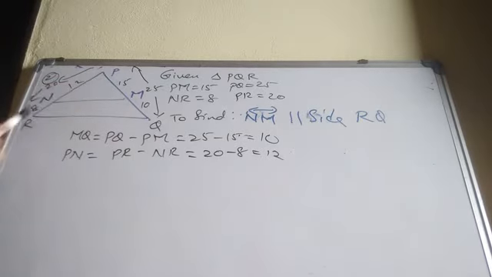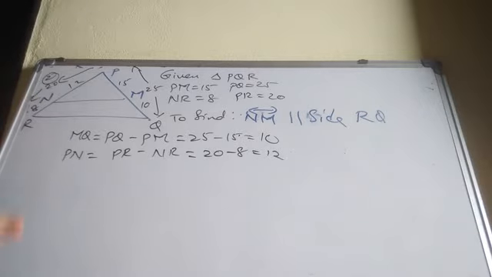To find whether this line MN is parallel to RQ, we will use the converse of the basic proportionality theorem. If a line divides the remaining two sides of a triangle in the same ratio, then the line is parallel to the third side of the triangle.